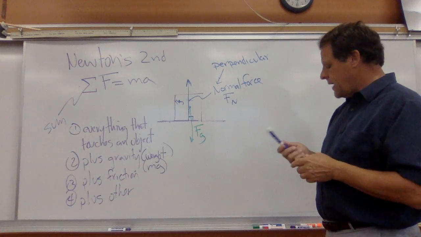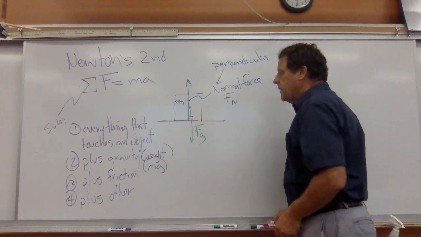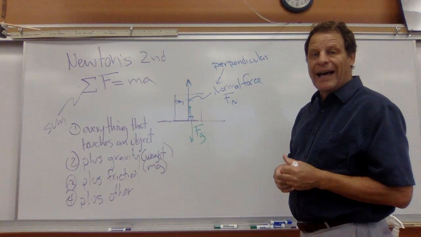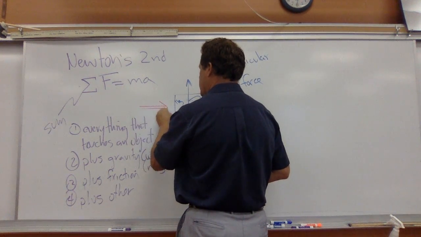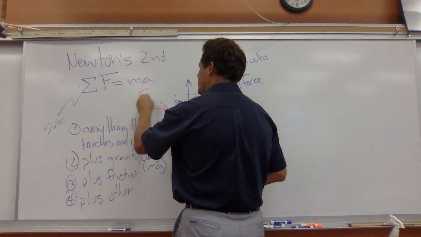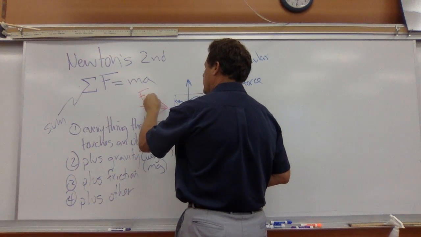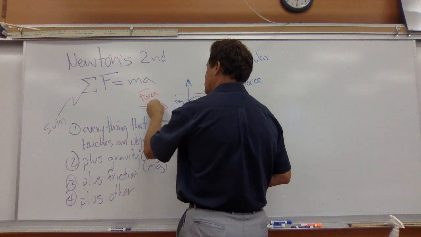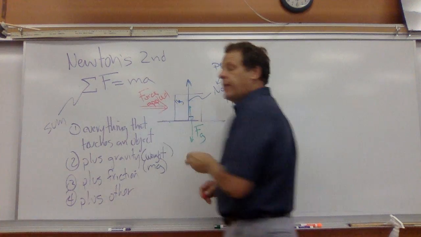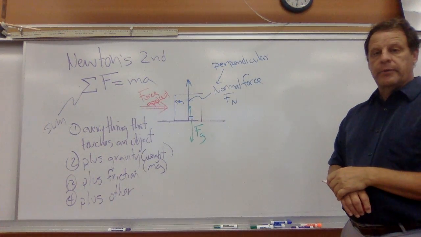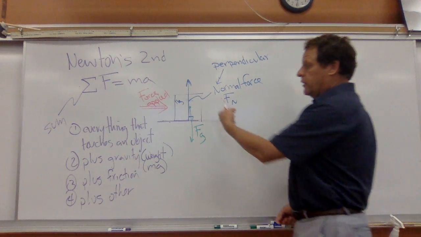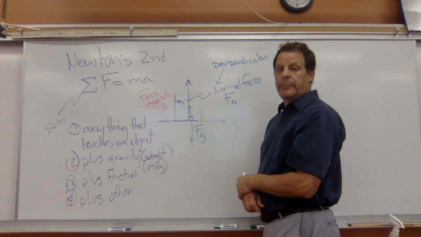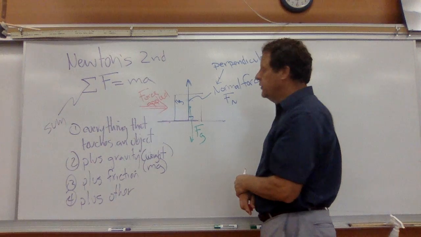Now, we may have some sort of applied force, okay? So we might have a force that is applied. We're going to push it, okay? Now, we could also have a force that is pulled on it too.